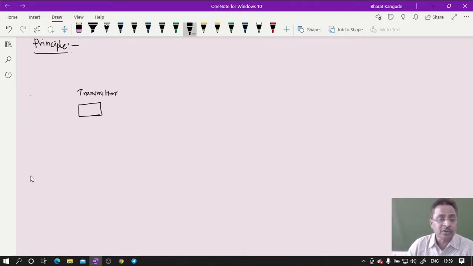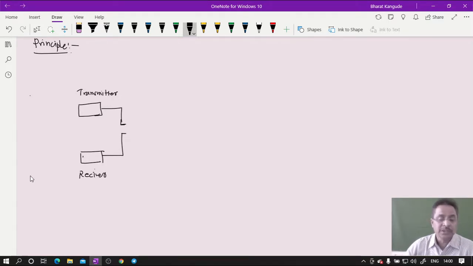Don't go into the electronics of that. The same is also a receiver. And here there is one antenna, which transmits the waves.